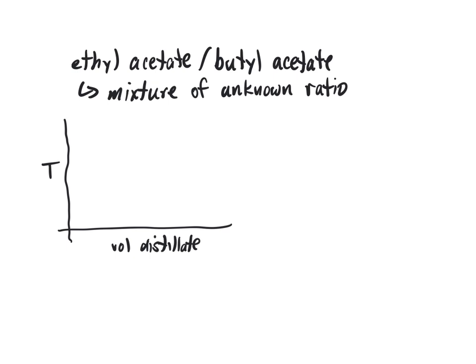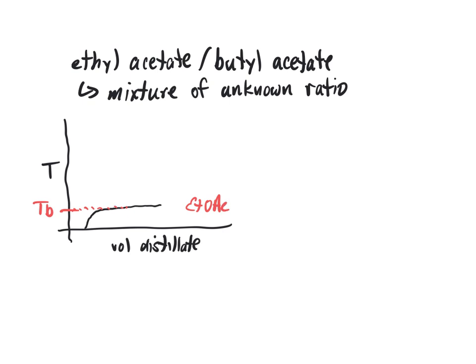For a fractional distillation, you get no real temperature change, and then it'll jump up, and then it should plateau. And that plateau is approximately the boiling temperature of the lower boiling component, in this case, the ethyl acetate.